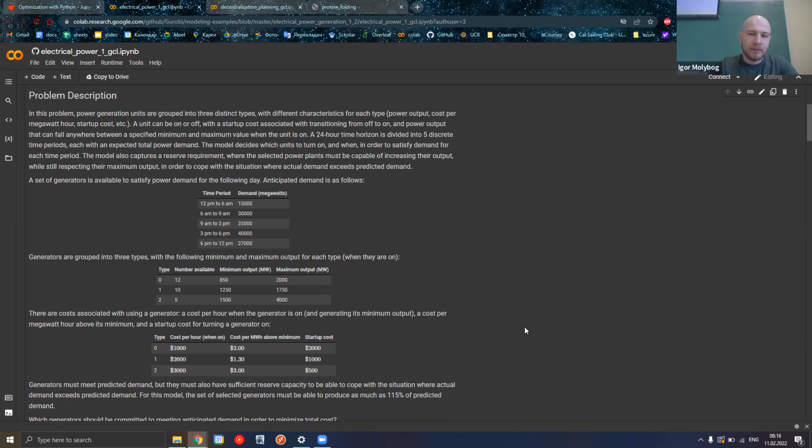You also have a safety constraint, which means that if the demand is predicted inaccurately, you still have the option of going slightly above. Therefore, at each point in time, you must have the ability to increase the output of the generators so that the total output is 150% of the predicted demand.